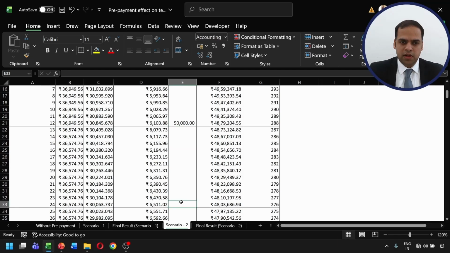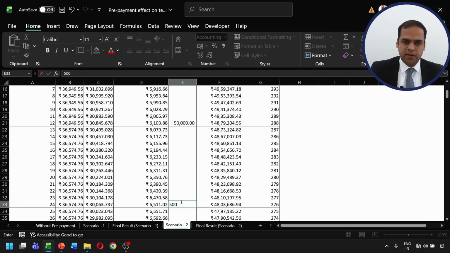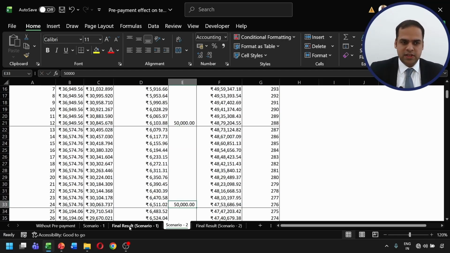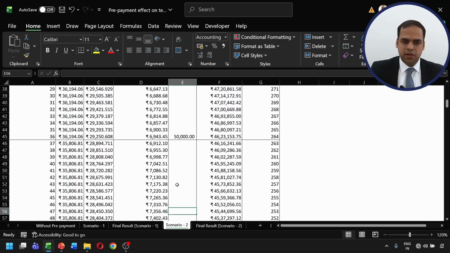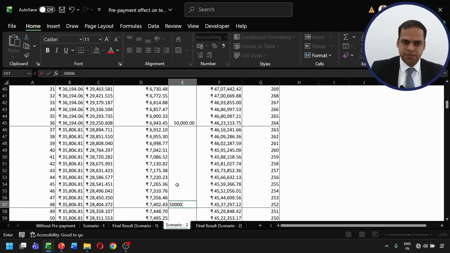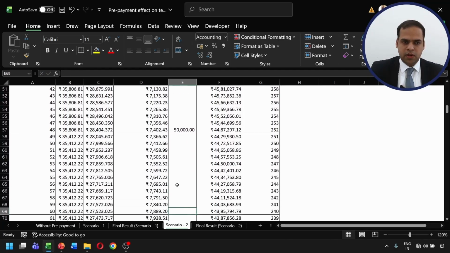Similarly, at 24th month, our EMI was 36,574, but it reduced to 36,194. Similarly for 36th month, 48th month, and 60th month.